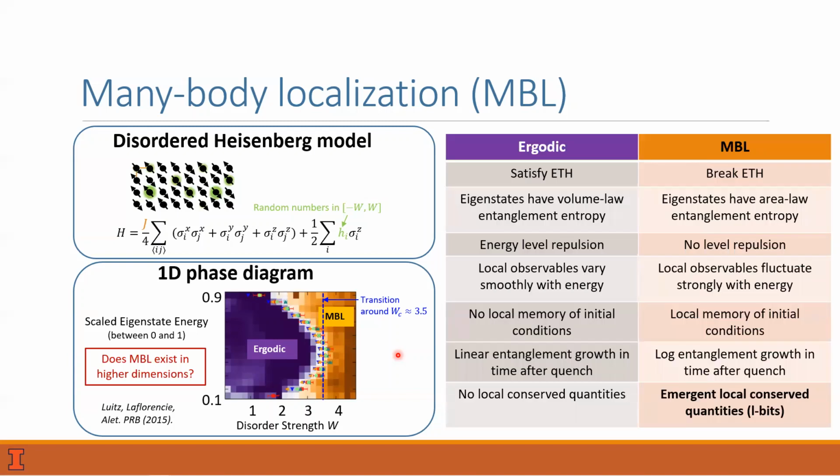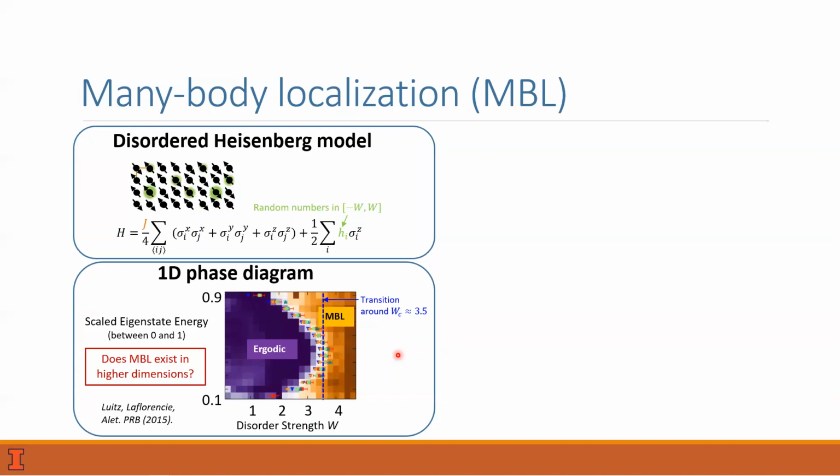I'll ask a naive question before you get into the details. I just wanted to understand, when we talk about thermalization as being equivalent to losing the local memory of the initial state, is it obvious what that really means?